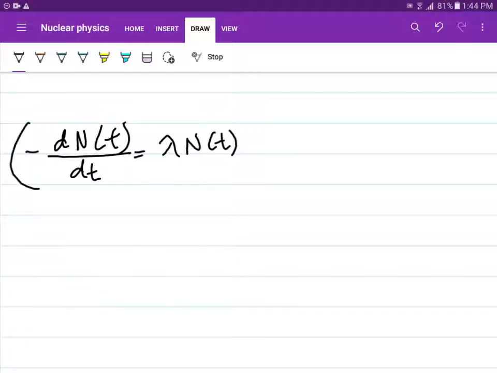Or we also can write this as A naught equals some proportionality constant times the initial number of carbon 14 atoms.